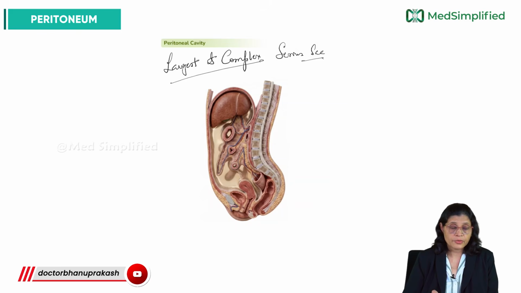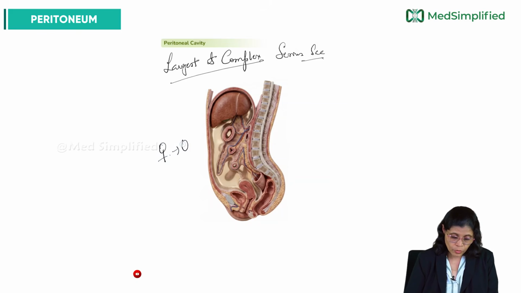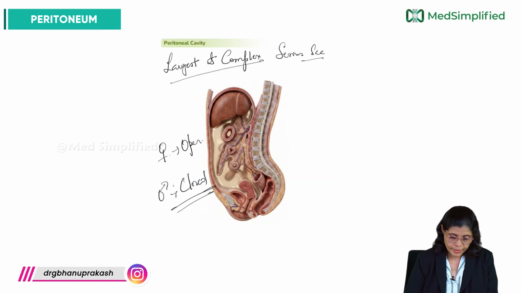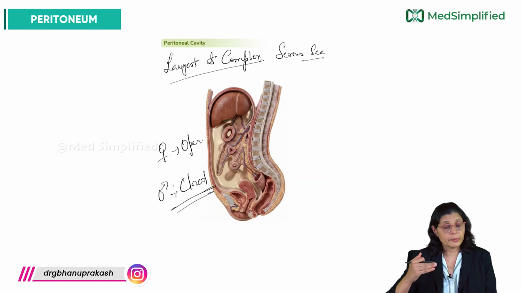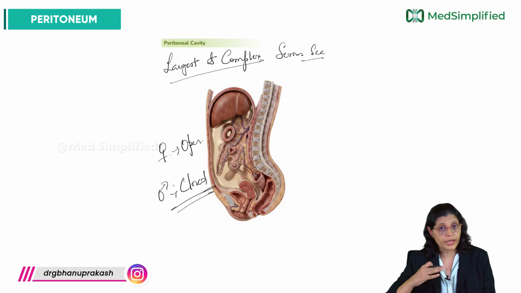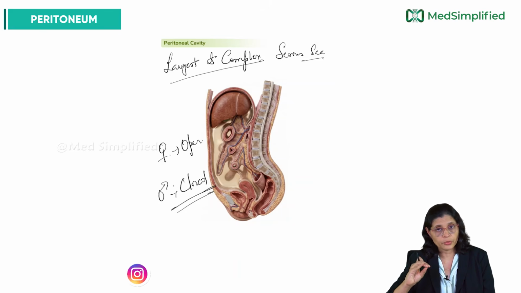That is why in females we say it is an open sac because of the communication, and in males it is a closed sac. Because of this, the pelvic infections can spread to the peritoneal cavity through that pelvic ostia in females.